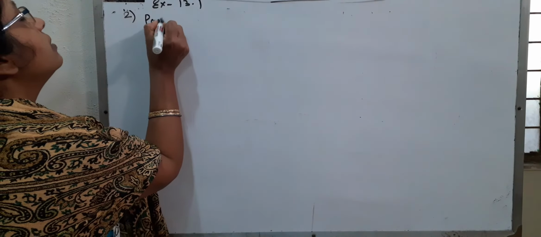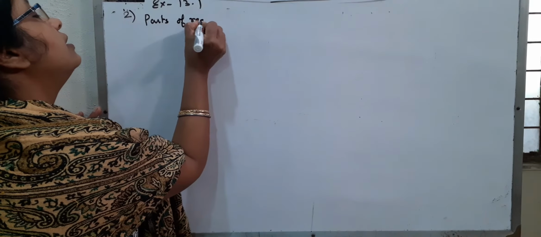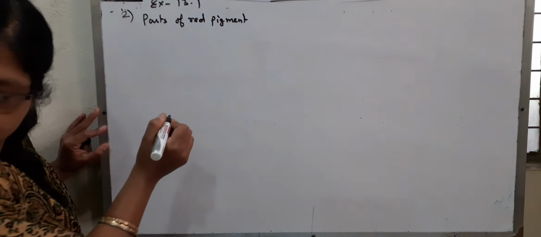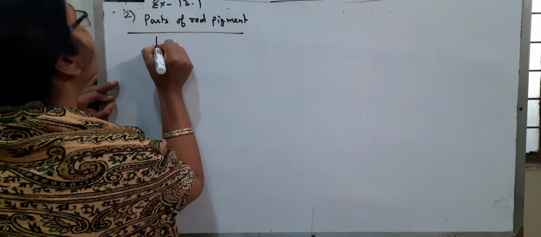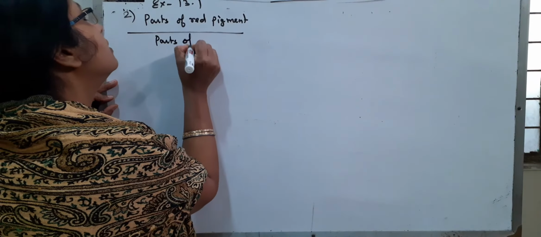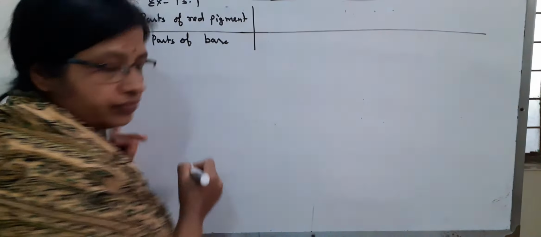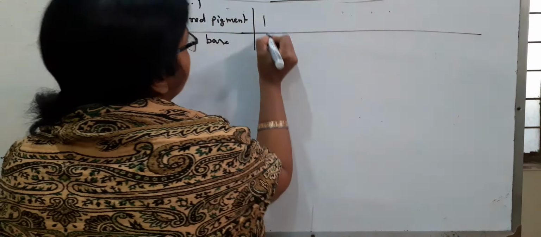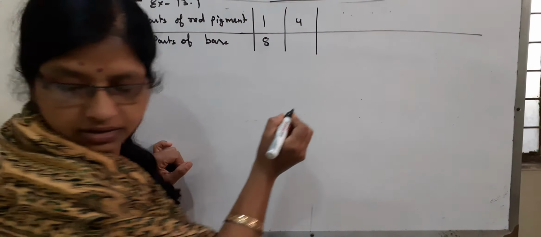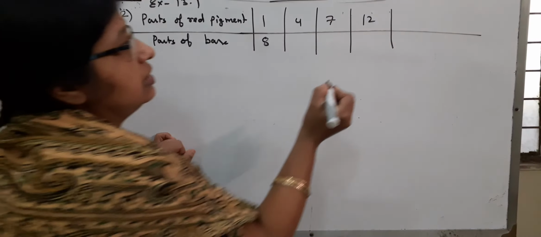Parts of red pigment upon parts of base: 1 and 8, then 4, 7, 12 and 20.